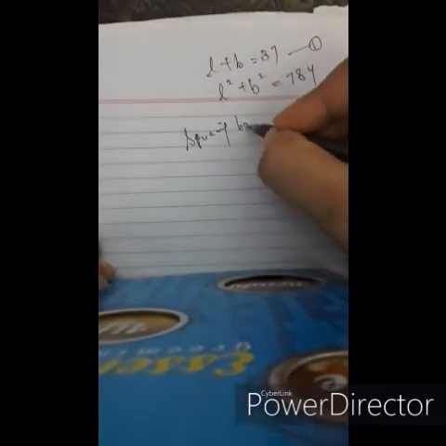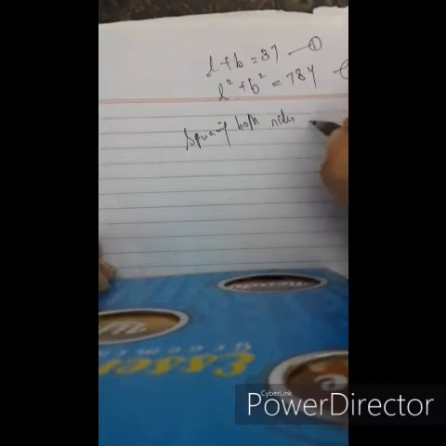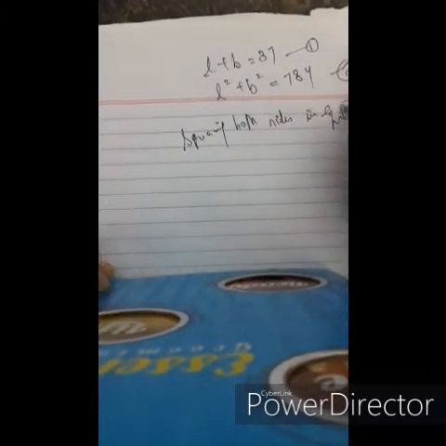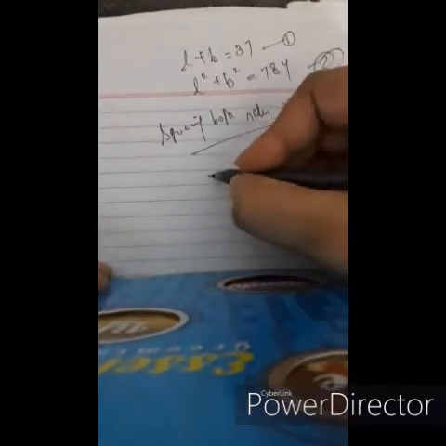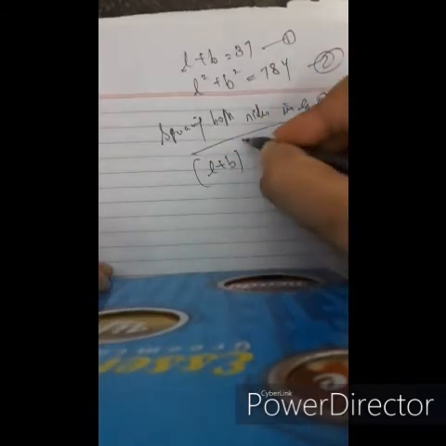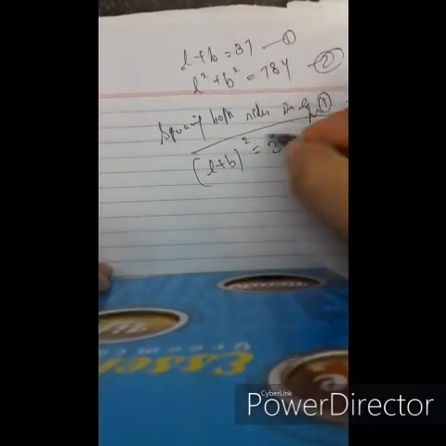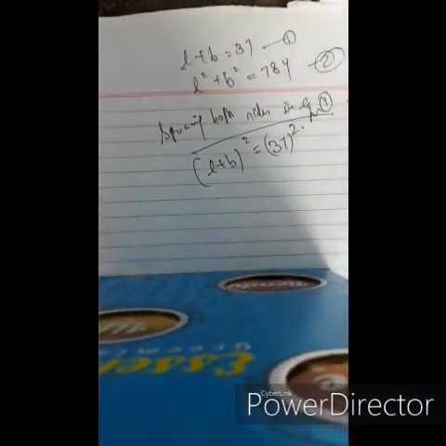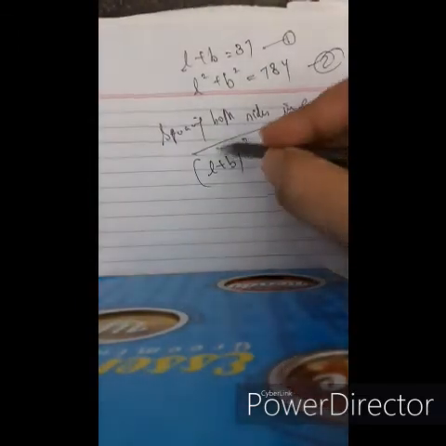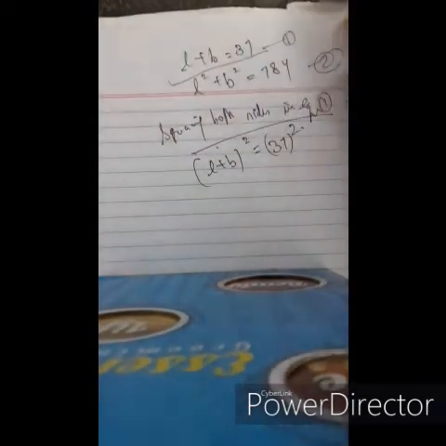Alright, so now squaring both sides in equation 1. L plus B whole square equal to 37 square. So we have taken equation 1 and squared both sides.